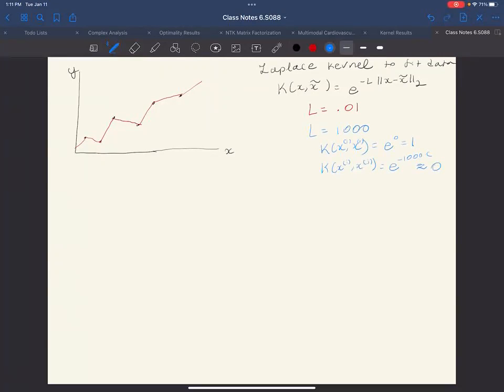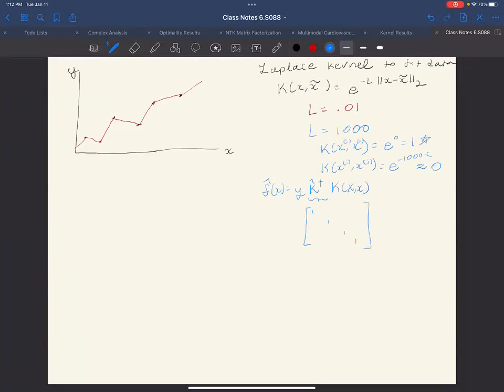So what does that mean for my kernel regression? In kernel regression, remember, my predictor was the inverse of this Gram matrix, K hat, times k(x, X). Now what does this matrix look like if my L is huge? On the diagonal, it's going to be all ones.